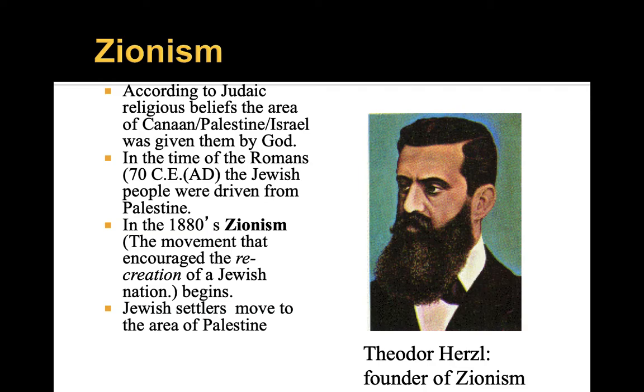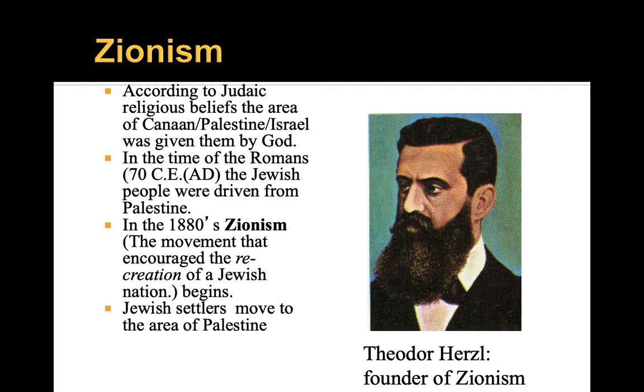All of this goes back to their ancient religious belief that the Jewish people were a chosen people by God, and that there is a promise from God that the area of Canaan, Palestine, Israel, the Holy Land, however you want to refer to that area, is historically a land that was given to them by God and destined to be theirs.